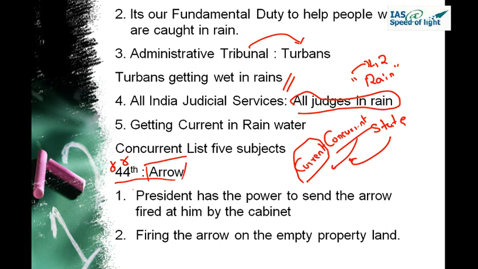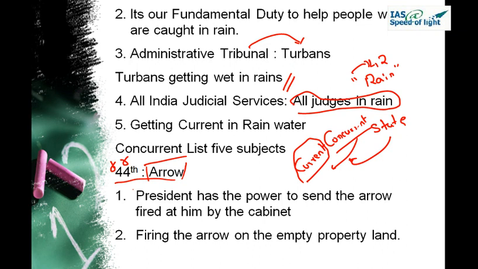So what we want to remember here is, this particular act empowered the President to send back the advice of the cabinet for reconsideration. The President can send the proposal back to the cabinet for reconsideration, but the reconsidered advice is binding on the President. We will see these things once we do the conceptual part also. But for now, this proposal was added by the 44th Amendment Act.